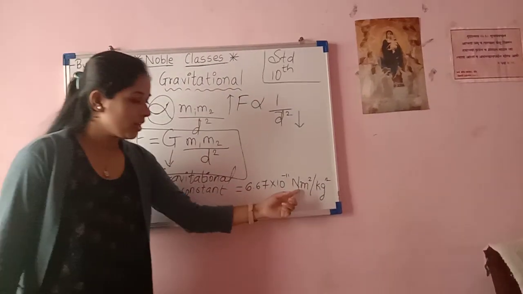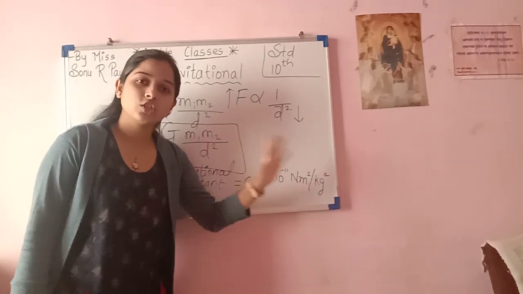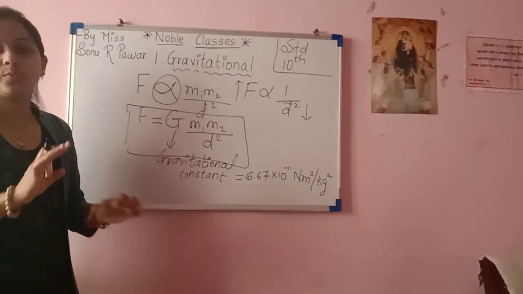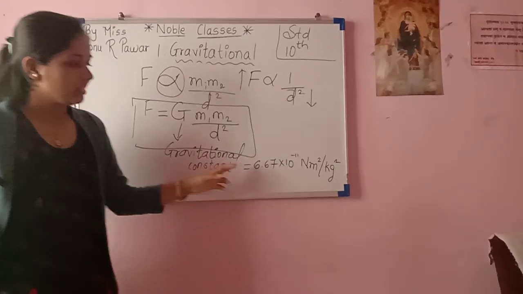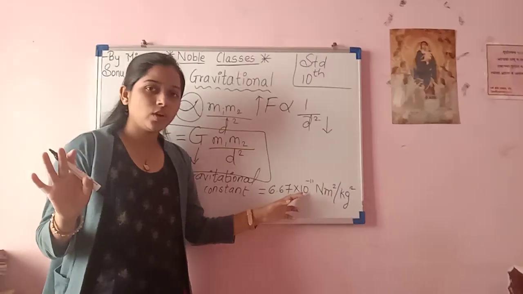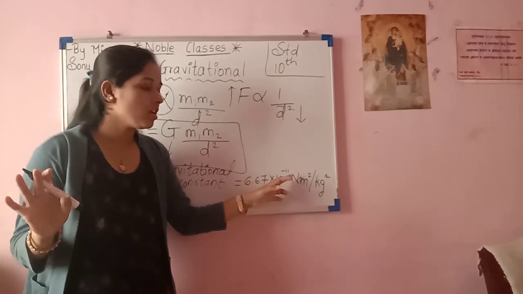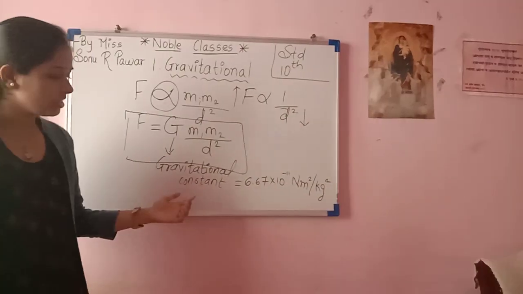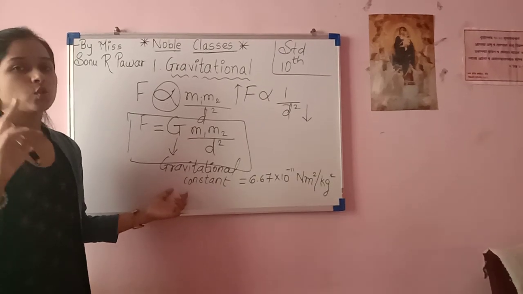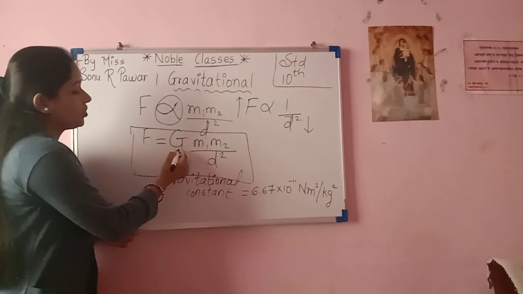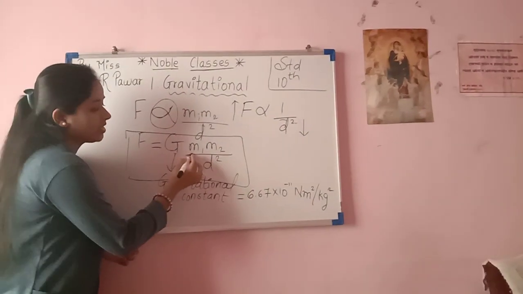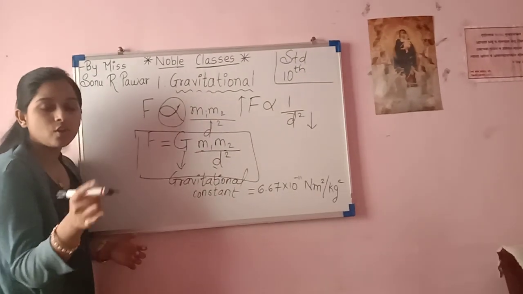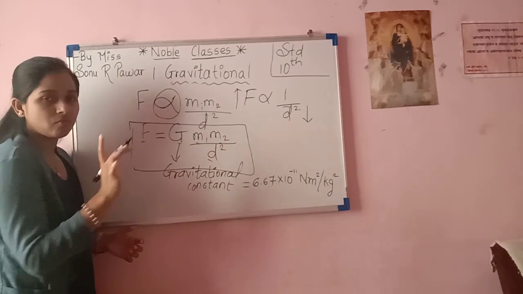This value should be kept in mind and learned. This is the gravitational constant. For solving the numericals, G is already given to you, the mass is given, the second mass is also given, and the distance is also given. You only have to calculate this F.